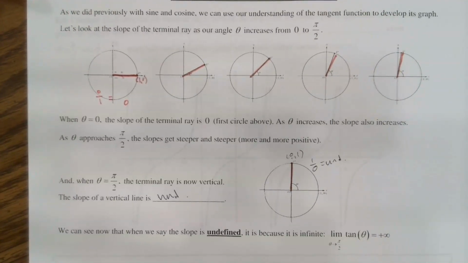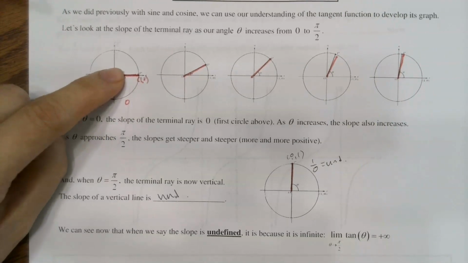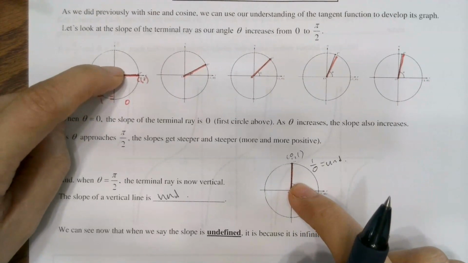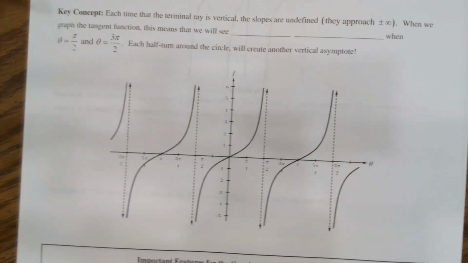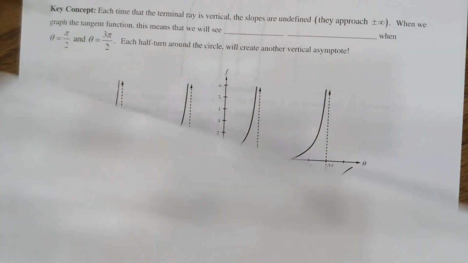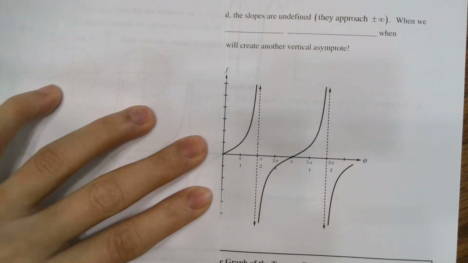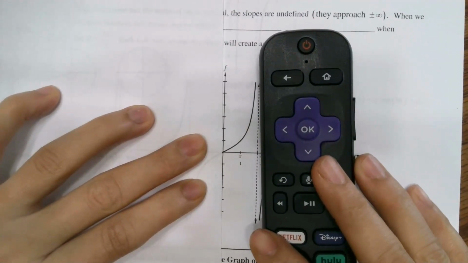All right, so here's what I'm going to do. I'm going to take the slope all the way from 0 till pi over 2, and I'm going to graph that. Ready? Right here, from 0 to pi over 2. Sorry, I'm at home. Pi over 2 right there.